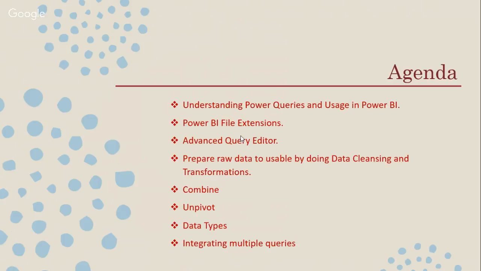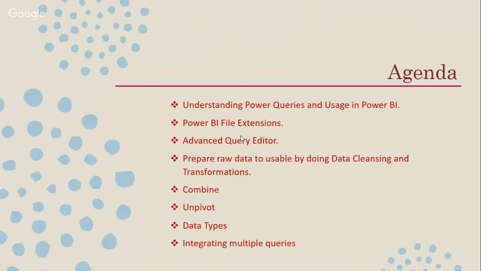Next topic is how to prepare your raw data into a usable format by doing some data cleansing and transformations. We will also discuss how to combine multiple files into a single table in Power BI Desktop, and unpivot, which converts columns to rows.